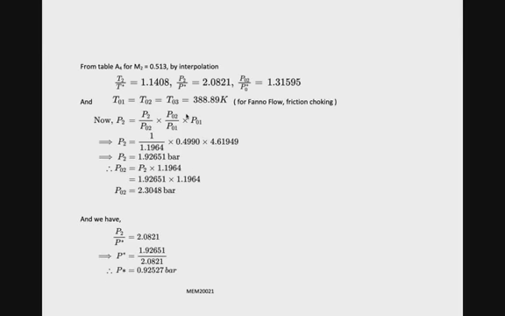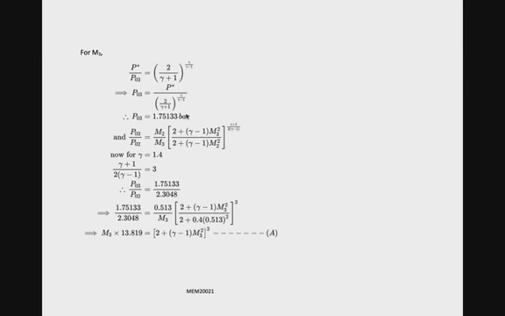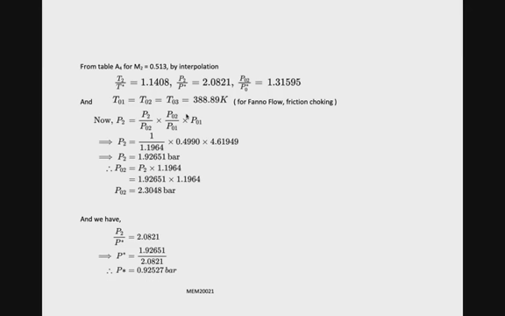So we extract the value of T2 by T star, P2 by P star, and stagnation pressure at point 2 by stagnation pressure at the star reference, which is equal to 1.315.